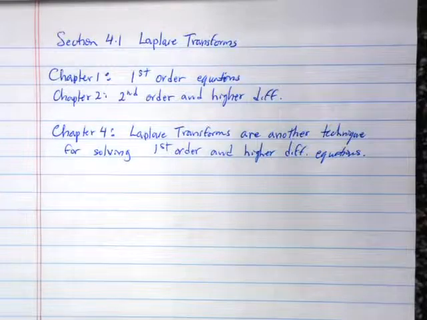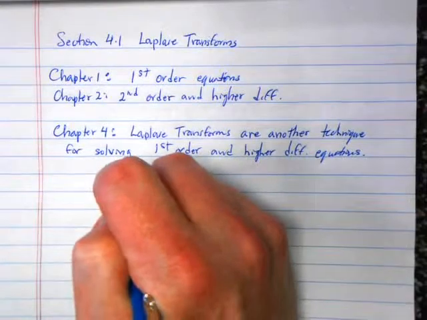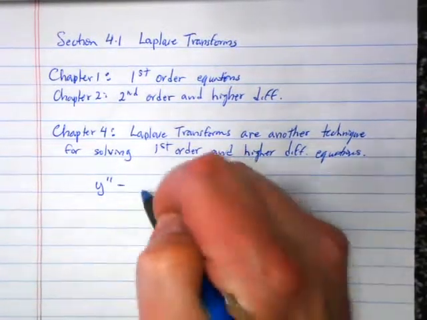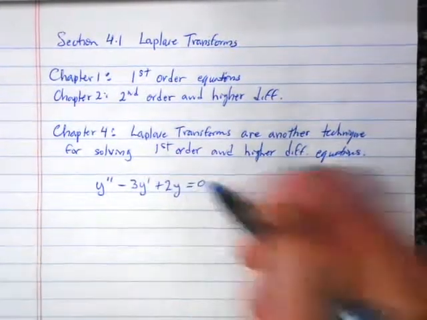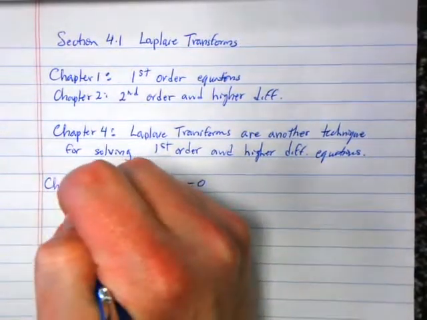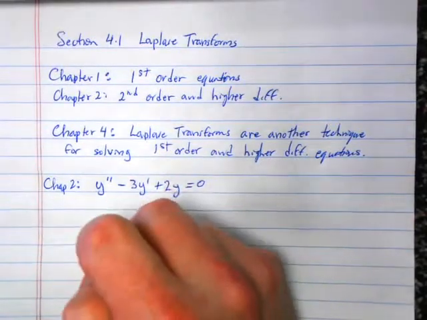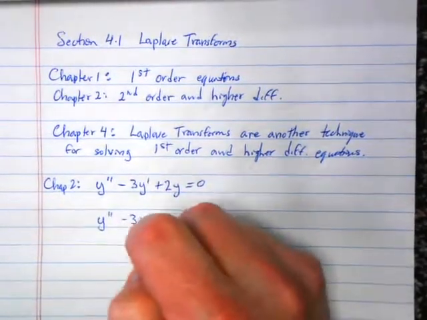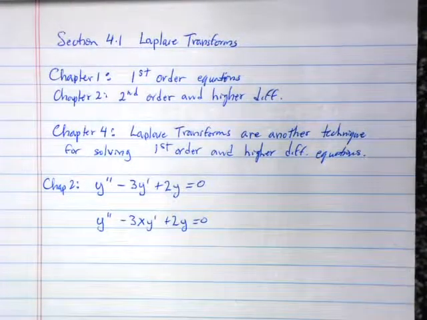All right, so here's what we learned in Chapter 2. In Chapter 2, we learned how to solve something like y double prime minus 3y prime plus 2y equals 0. That was a problem that we could solve in Chapter 2. What if I was in a mean mood and I changed the equation ever so slightly and I put in y double prime minus 3xy prime plus 2y equals 0.